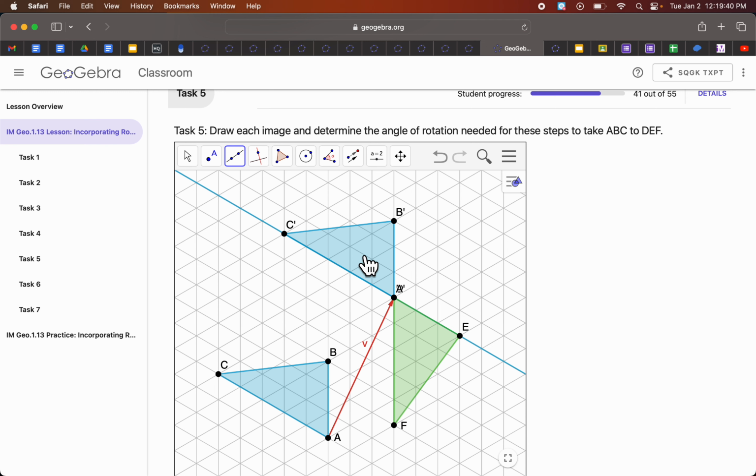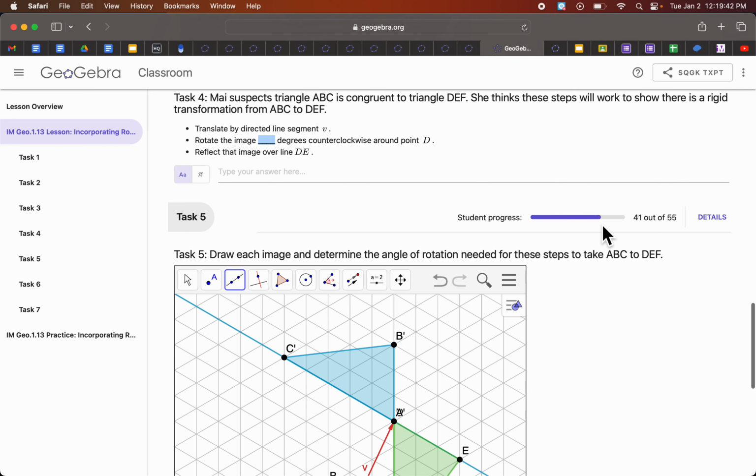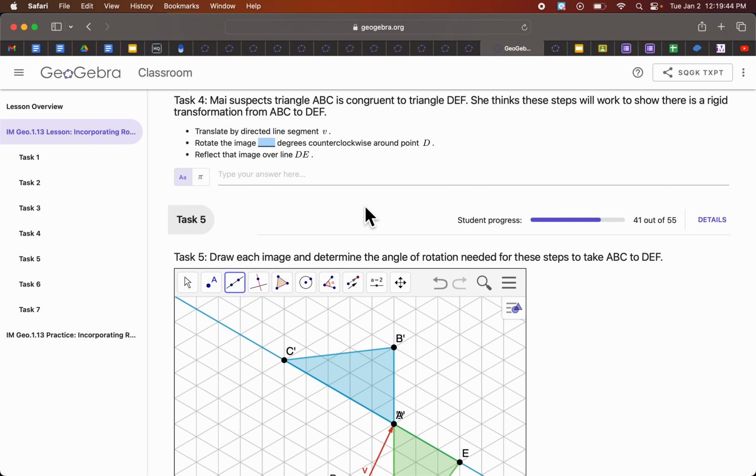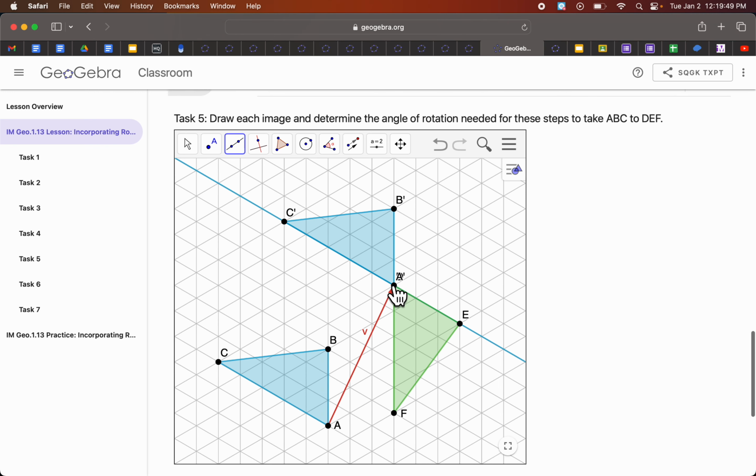So now she says we have to rotate a certain number of degrees counterclockwise around point D. Okay, so there's point D. Well, if we're going to reflect across this line, and make it land on here, we're going to want this triangle to be sticking up this way, right?